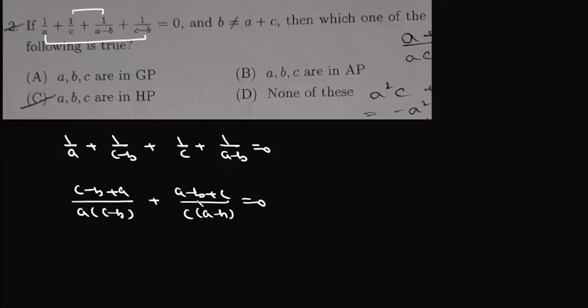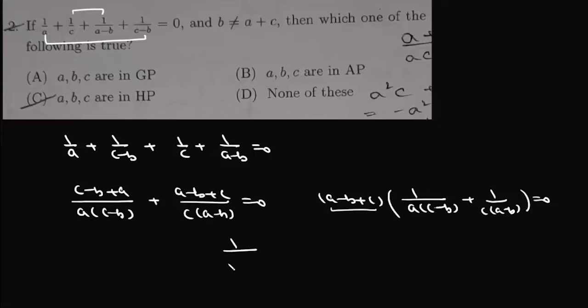Now we can take this a minus b plus c common, so it will be (a minus b plus c) times [1 upon a(c minus b) plus 1 upon c(a minus b)] equals 0. Now clearly it is given that b is unequal to a plus c, so it cannot be 0. So from here the only condition that we get is 1 upon a(c minus b) plus 1 upon c(a minus b) must be 0.